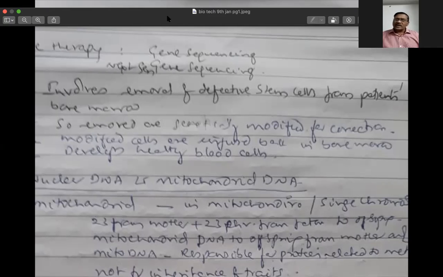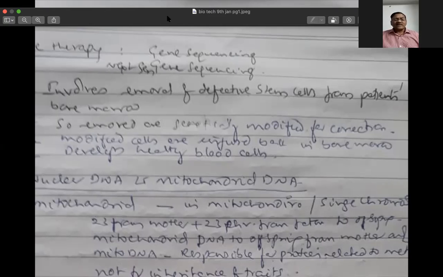I told you there are 220 types of cells. These undifferentiated cells can form, according to the requirement of the body, any kind of mother cell, and from that mother cell that particular kind of tissue will be formed.